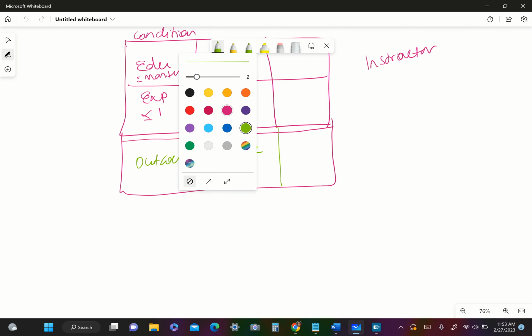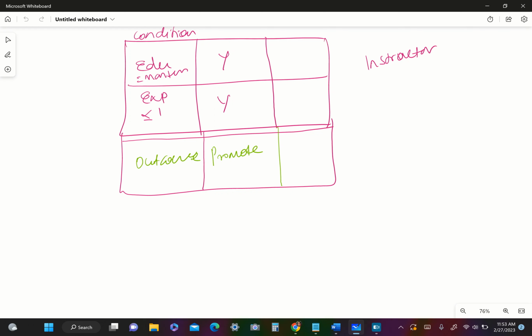right? So let's say the situation is he does not have a master's, for example. This person does not have a master's, but he has experience. Okay, only this is true, this is not true.